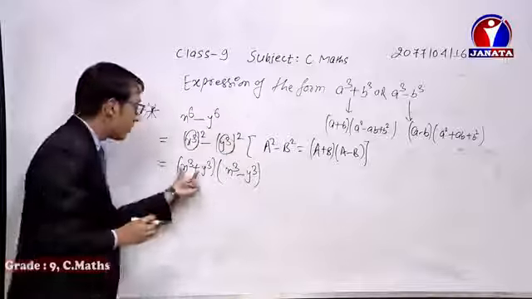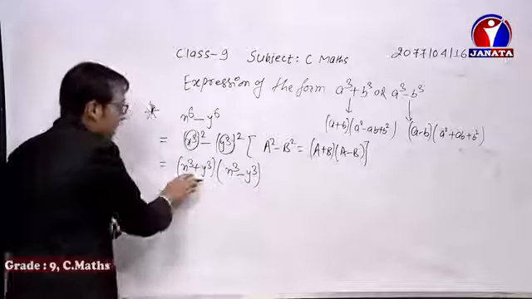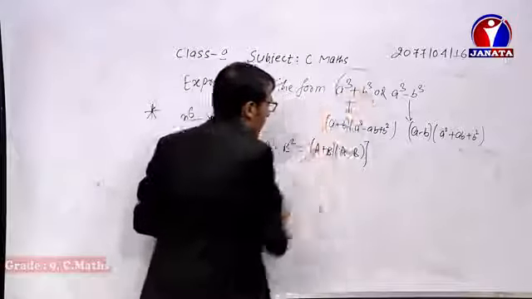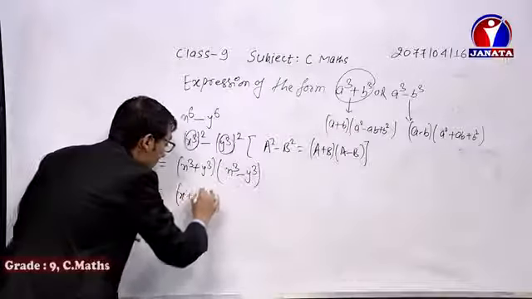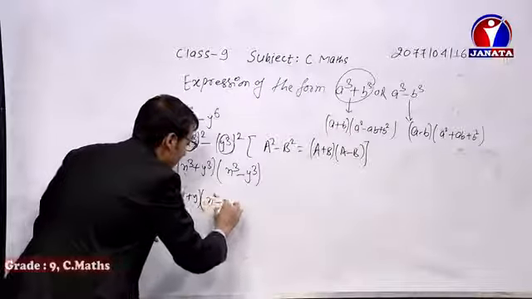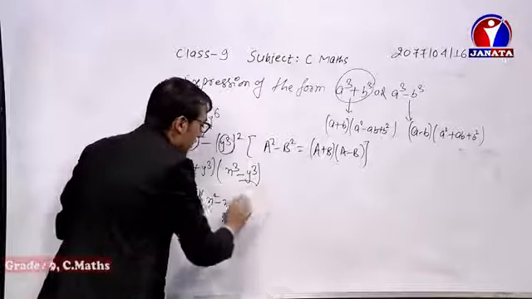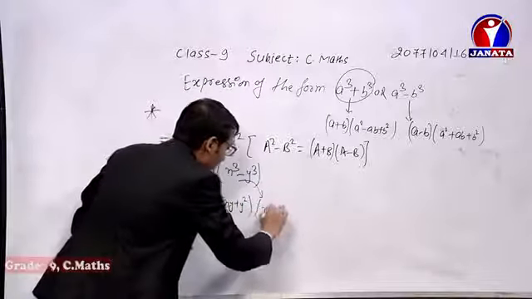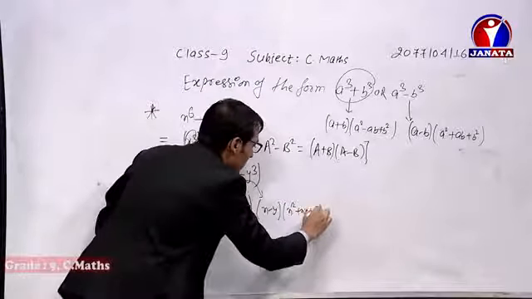Now we can further write the factors of x cube plus y cube. This is in a cube plus b cube form. So here are the factors. First factor is x plus y times x square minus xy plus y square. What are the factors of this? X minus y times x square plus xy plus y square.